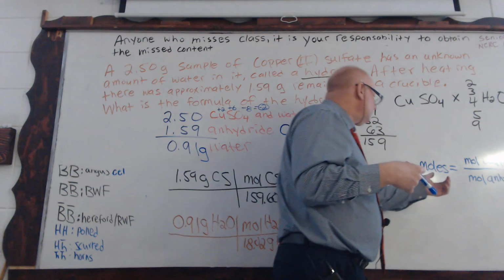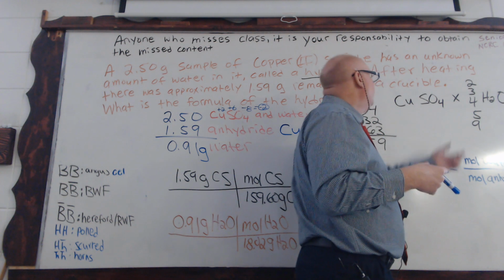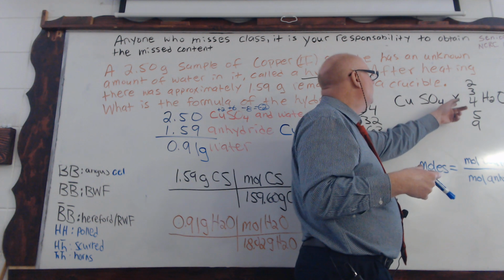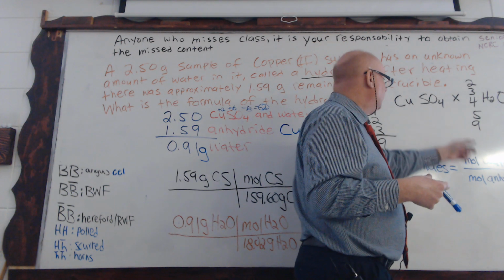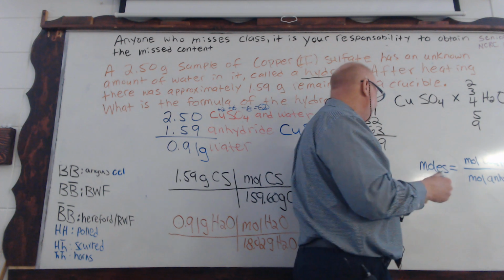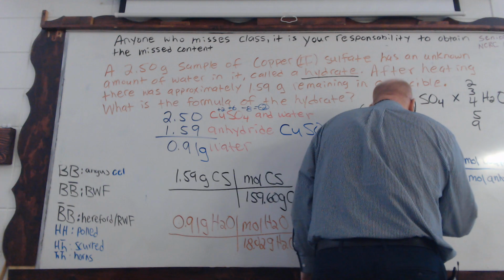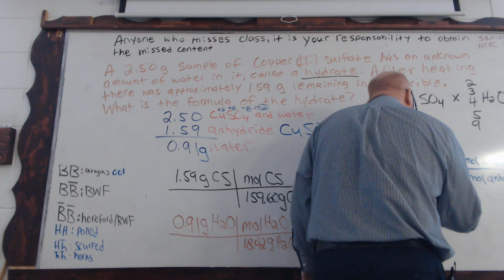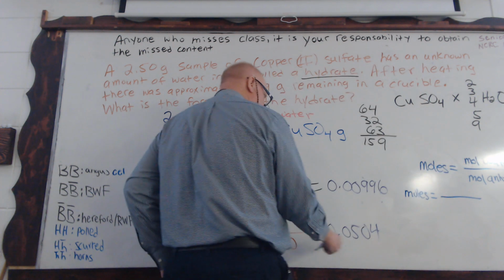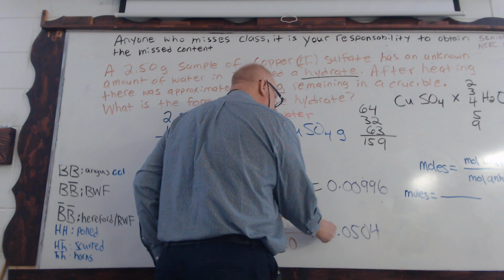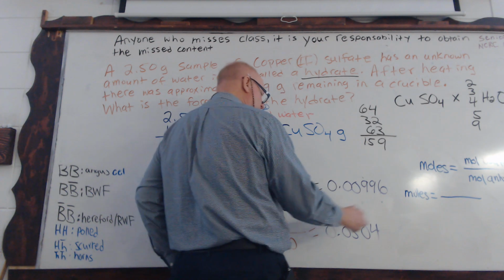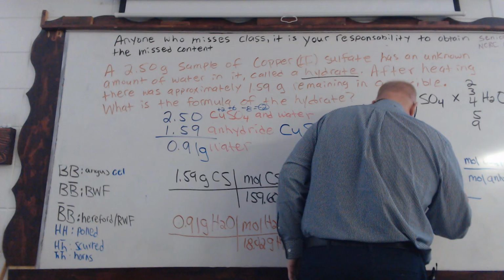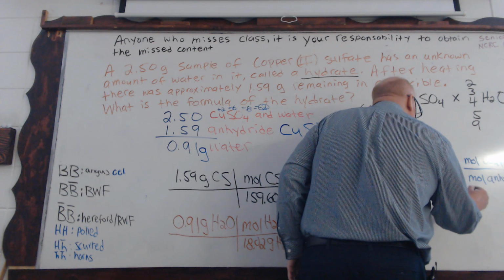So now our moles of X, okay, whichever one of these is what we had calculated this from. So our number of moles equals, okay, this is the moles of water, so that goes on top, 0.0504.